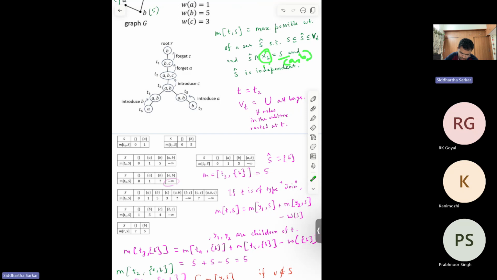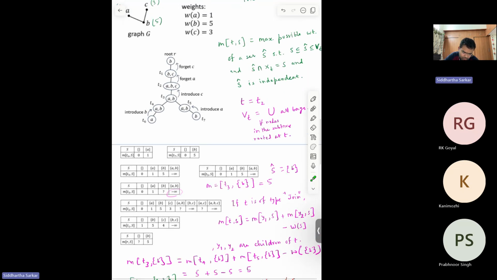So you can take AB, or you can take ABC at the most. Now if you take AB, independence will not be ensured.